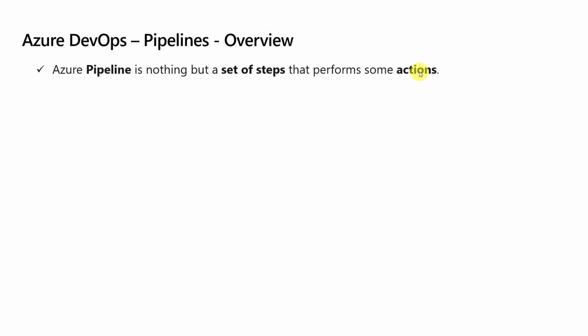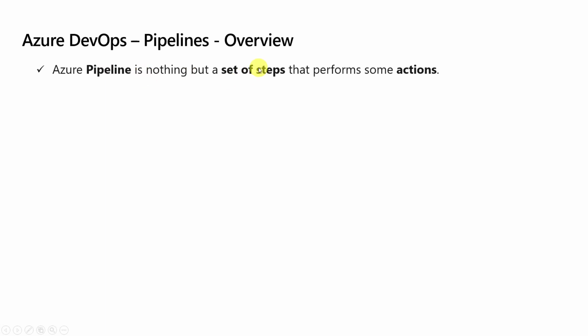It could be waiting. Everything is an action, and each action is done by a task. Tasks are part of steps, and a step will be part of a pipeline. I have a separate slide which talks about the parent-child relationship. I will show you that in a moment.